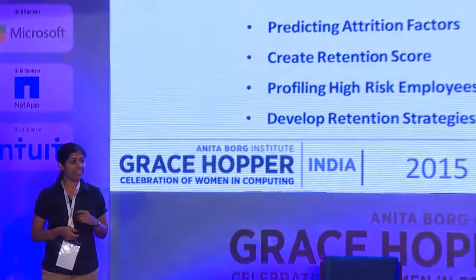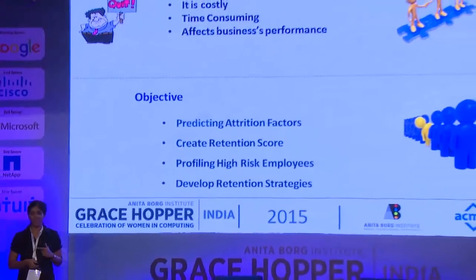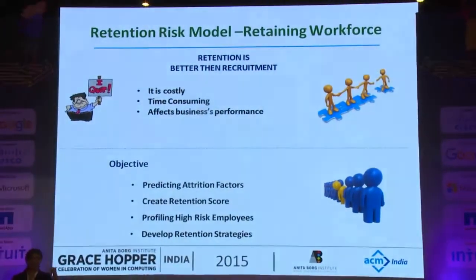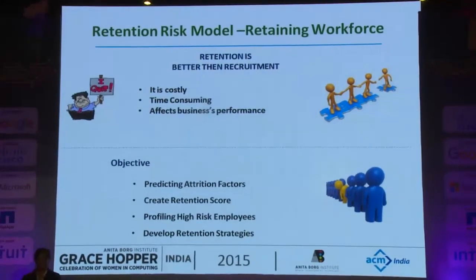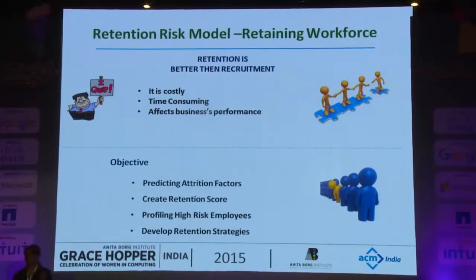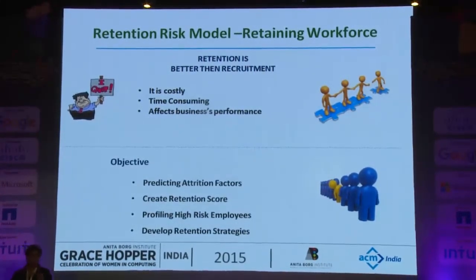So what exactly do we do in a retention risk model? First of all, we identify or predict why employees are leaving the organization, or why they decided to leave. Maybe they're not happy with the organization, or with their managers, or they're not liking the work culture. Second is scoring each employee on their risk of leaving the organization.